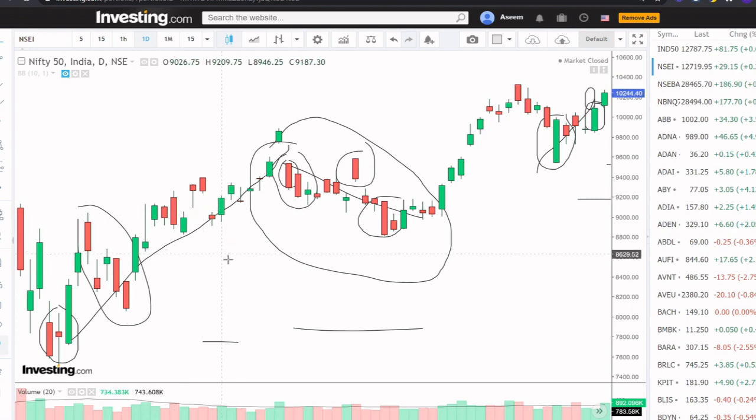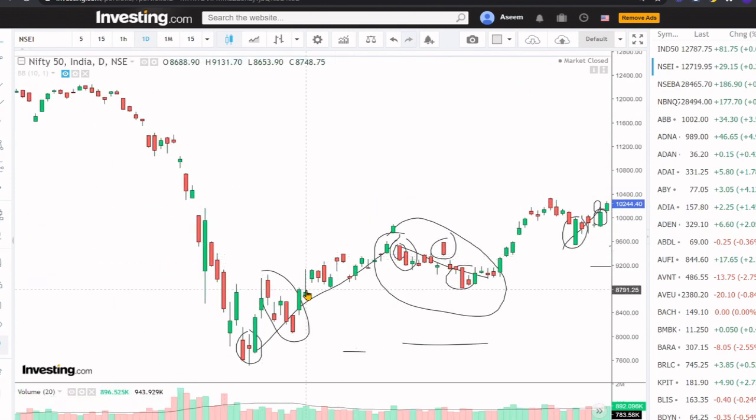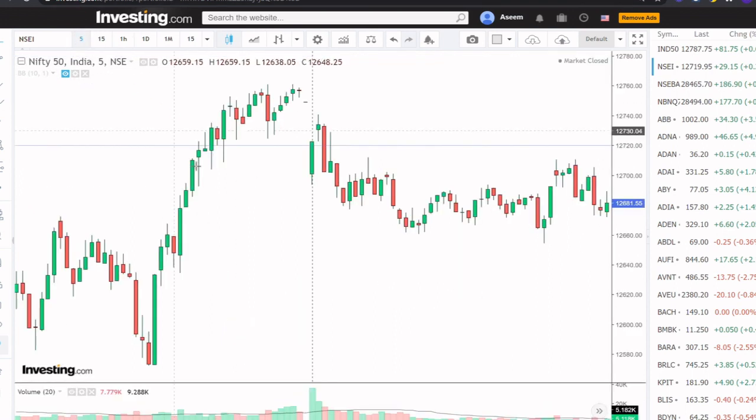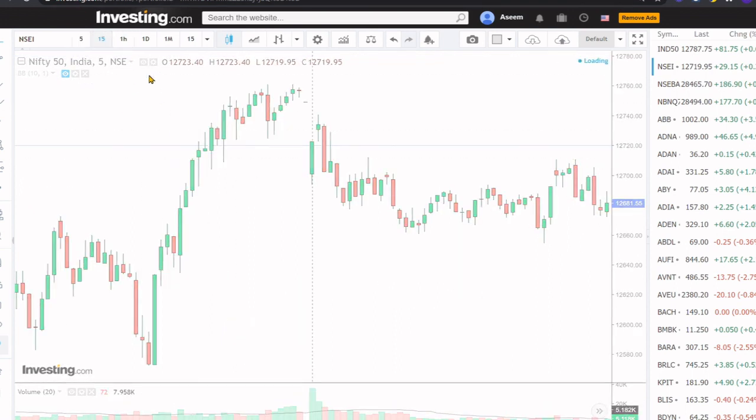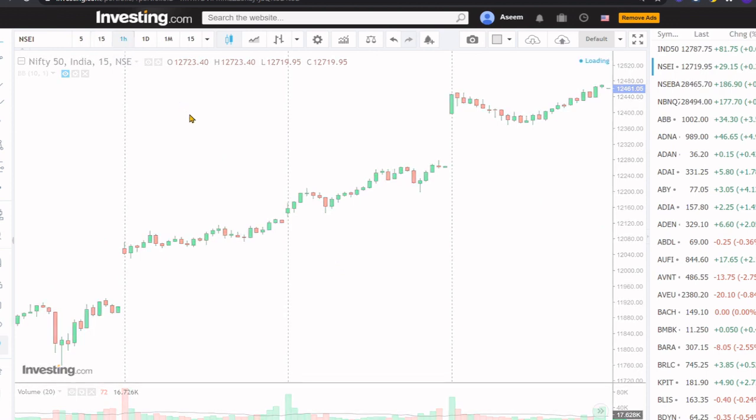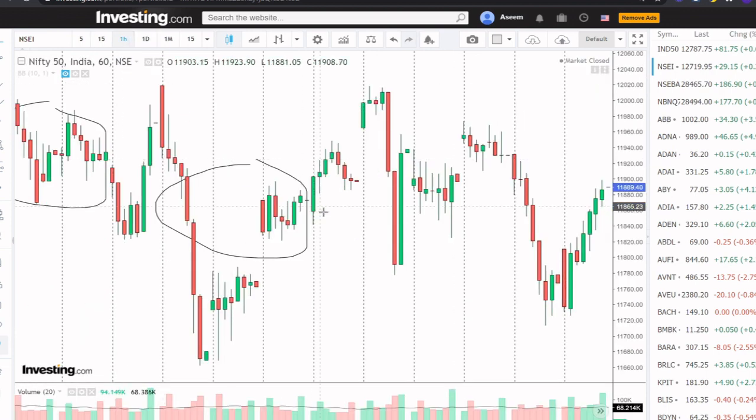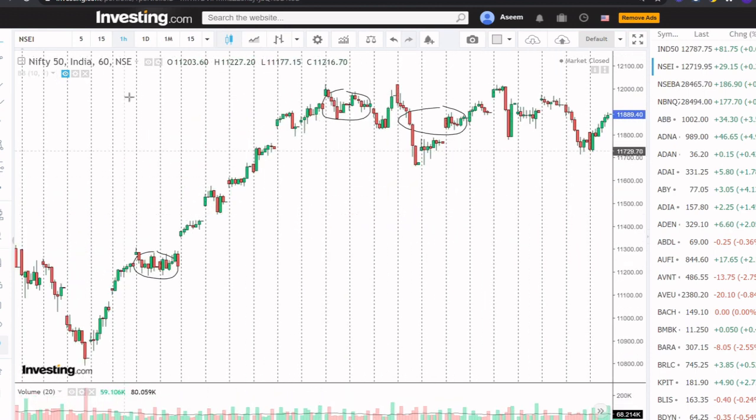Another thing to note here is these candles can form on any time frame, whether it is 5 minutes or 15 minutes or 1 hour, right? If it is 1 hour, it is nothing but the open, high, low, close of that 1 hour time frame.